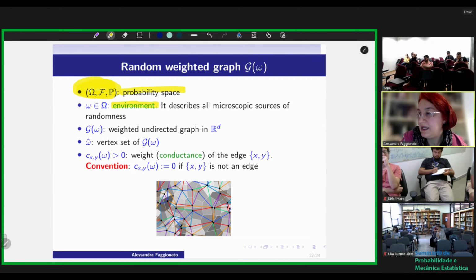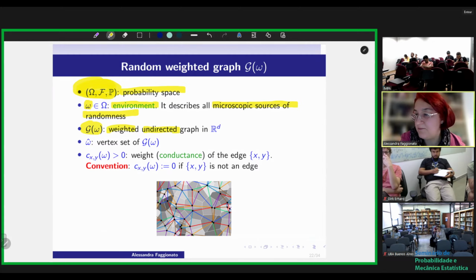So in particular, my environment describes all microscopic sources of randomness. And for each environment, I have a graph that I denote by G omega, which is a weighted, undirected, that is non-oriented graph in R^d.